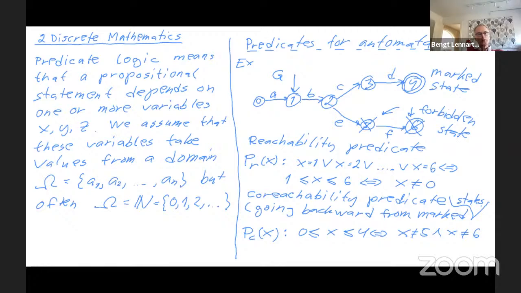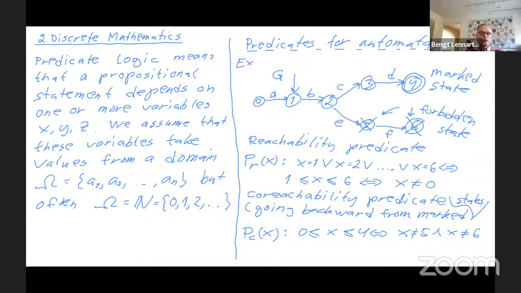So what is the difference between predicate and propositional logic? Predicate logic is simply a logic where you also allow yourself to introduce variables. These variables can, for instance, take integer numbers.